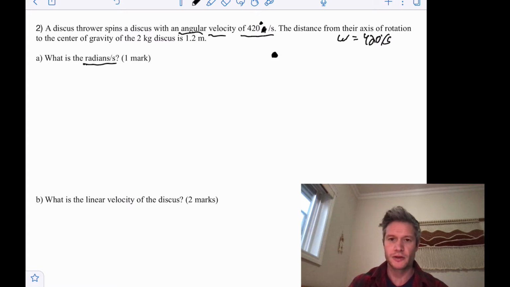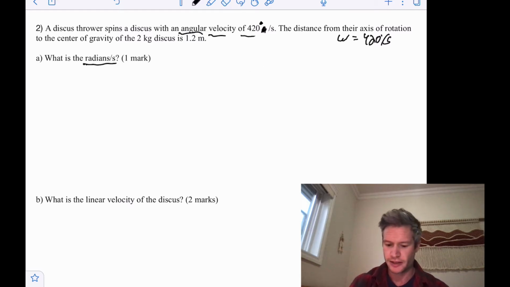And then just as a brief review, how does that relate to what this thrower is going to do? That's how quickly they're going to be rotating around their center. They're going to have some sort of a radius arm. How quick does that move around? The change of the angle for every unit of time, right? So it's a rate.